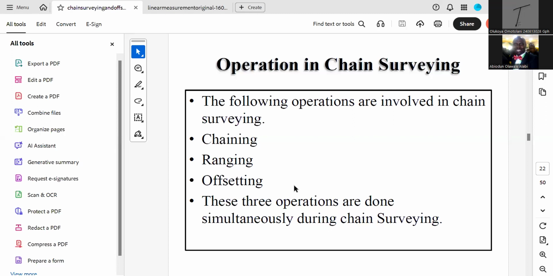I've explained chaining and ranging. To clear doubt and to know if you are actually following my lecture as you ought to, I'm going to throw out a question. Can somebody tell us the meaning of chaining and the meaning of ranging? Then we'll focus on offsetting.